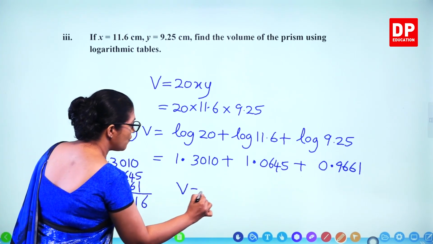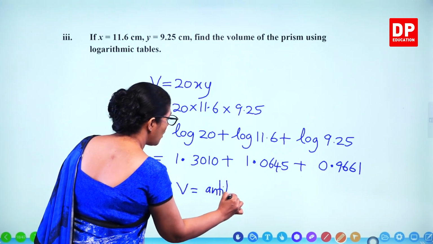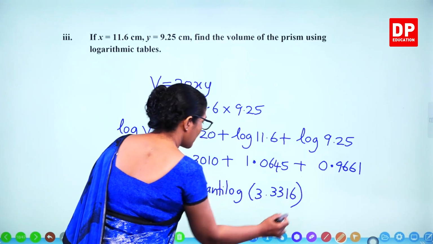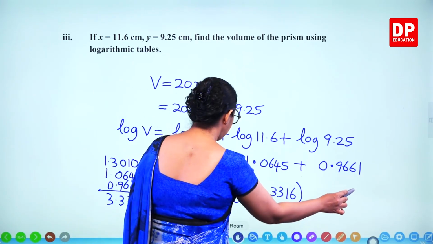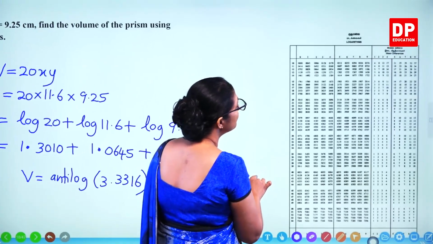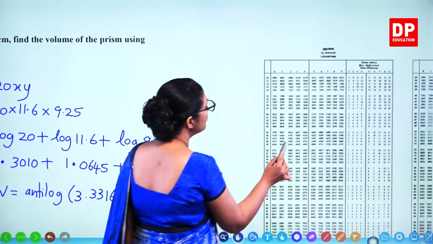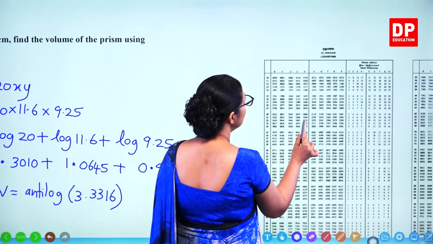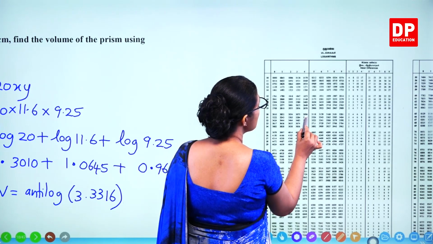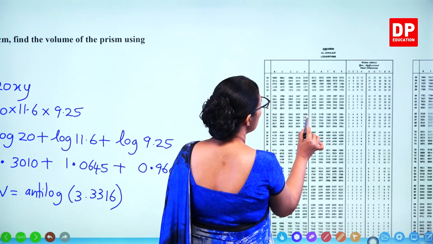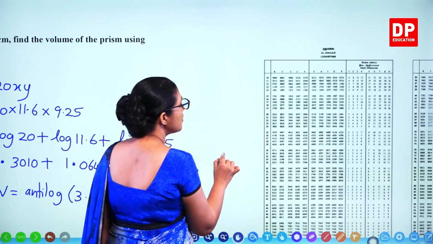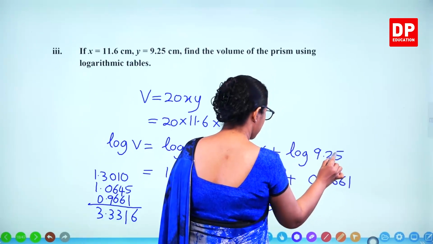So to find V, we need to calculate the antilog value of 3.3316. Now refer to the table and look for 3316. 3304 is there. 16 means we need another 12, that's 4 and that's 6, so 2146.